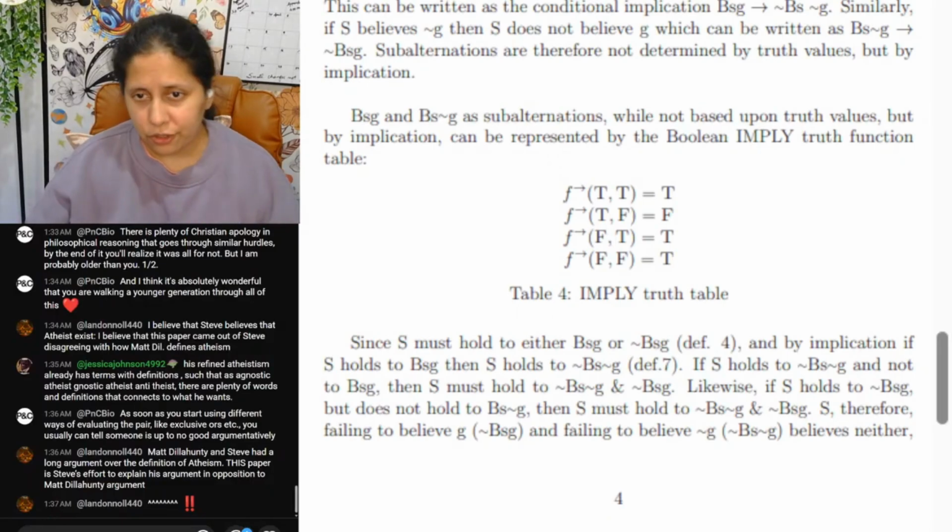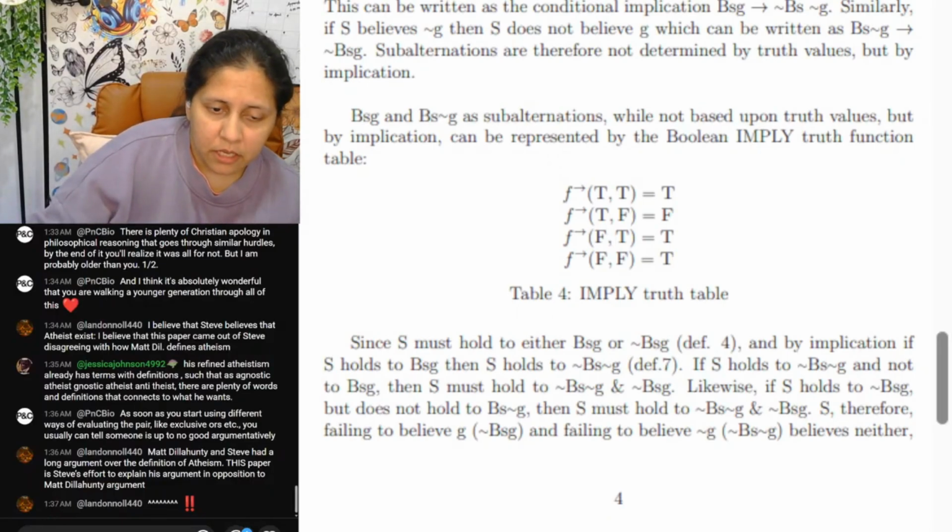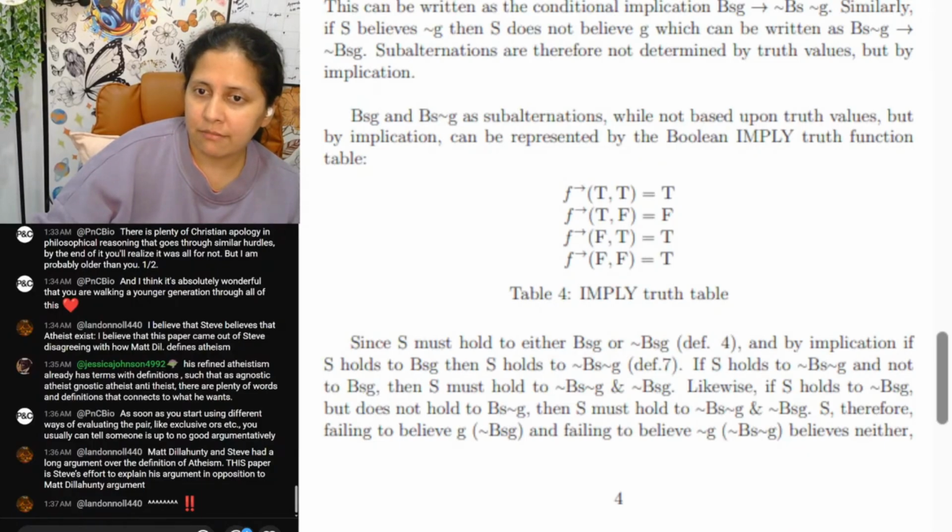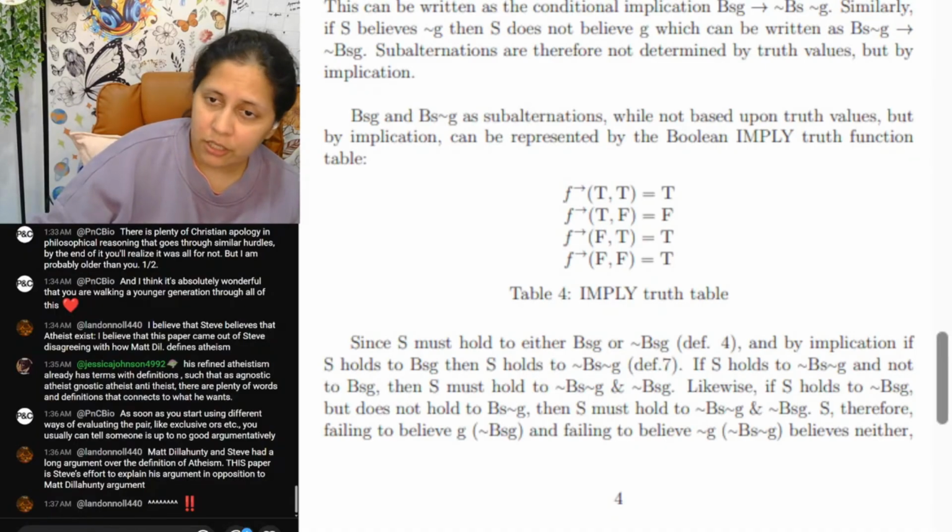The reverse is not true, right? If someone believes God exists, they also count as someone who does not believe God does not exist. But it's not the other way around. Someone who does not believe God does not exist does not necessarily believe God exists. That is not true, right? So that's what it's talking about. Again, if someone believes God does not exist, they also count as someone who does not believe God exists, but it's not the other way around.